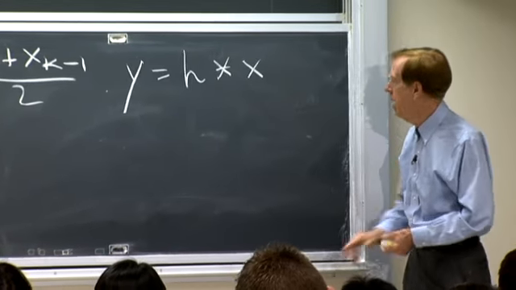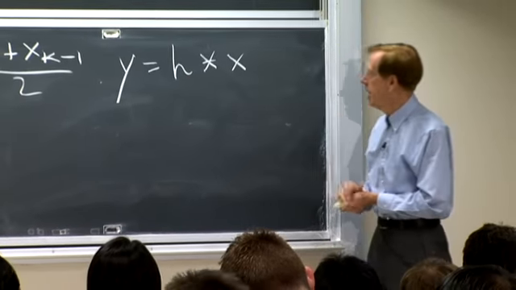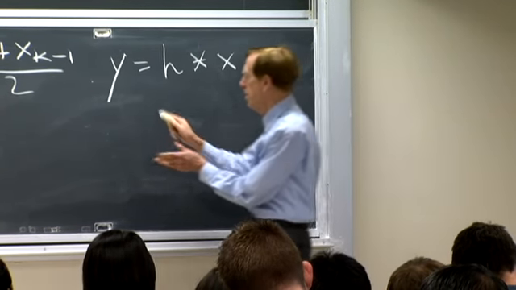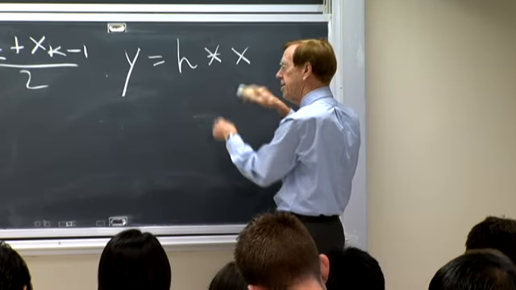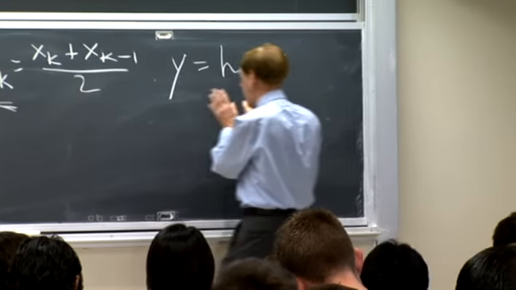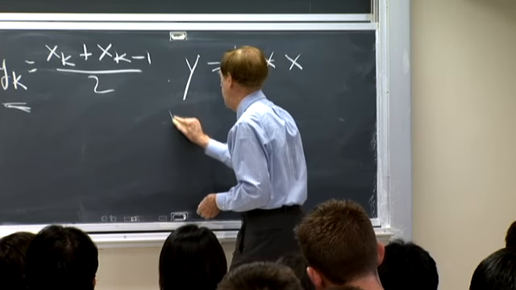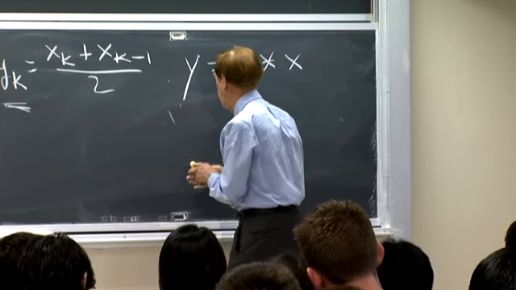So, okay. Now, I just want to ask you, what is the h? I want to recognize this as a filter. So let's remember the notation for a convolution, and then we can match this to that.